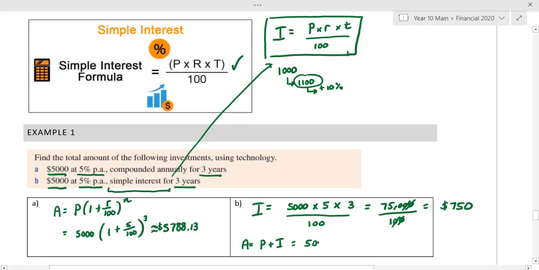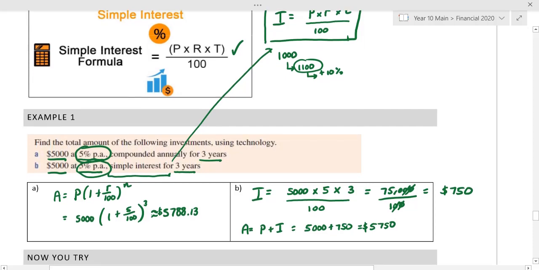So it's 5,000 plus 750, which is $5,750. Notice that these are exactly the same rate, both 5%, both the same principal over the same amount of time. And as you can see, we've got about $38.13 more just by compounding annually. If you compounded monthly, we'd have even more money.